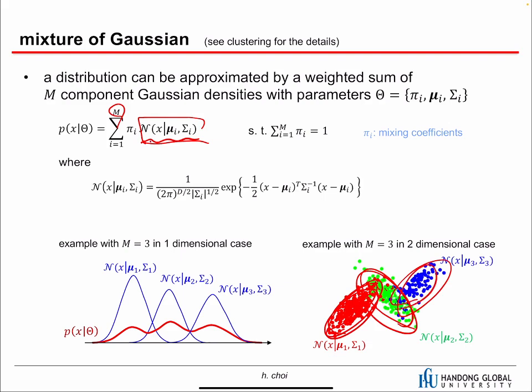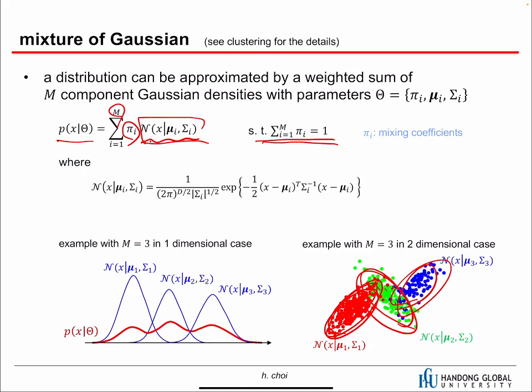And then we have to find the best weight for the distributions, because without this, it is not a probability. To make it a probability, we need this mixing coefficient. So again, in the parametric method, we had just one Gaussian distribution.